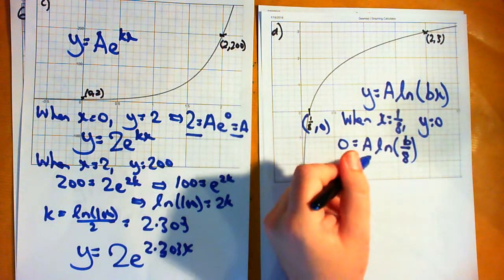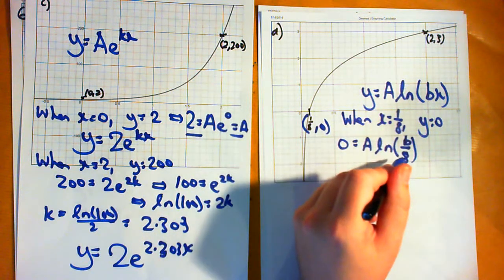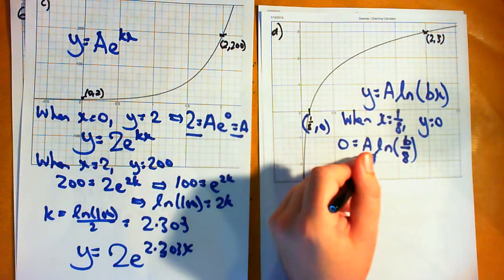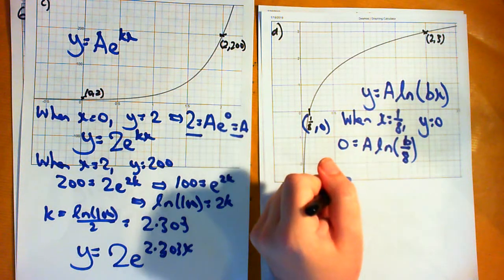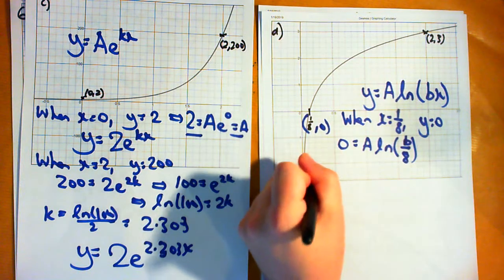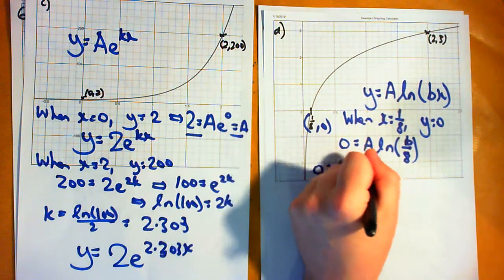So we need to find a and b. We'll find b first, because if we just divide both sides of this equation by a, that will give us 0 divided by a, which is 0. So we get 0 equals ln of b over 8.